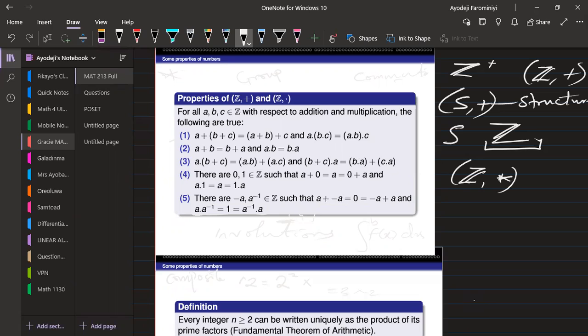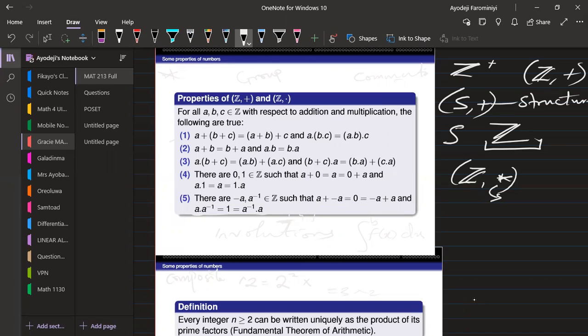Okay? So first and foremost, for you to be a binary operation, some texts and some authors automatically put the property of closure on it. So what do we mean by closure?